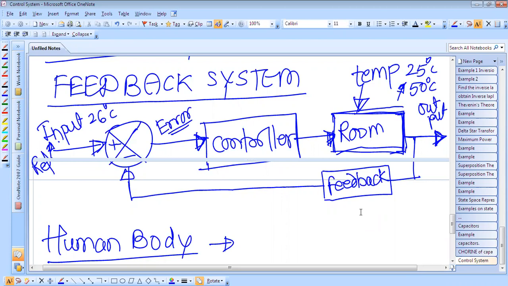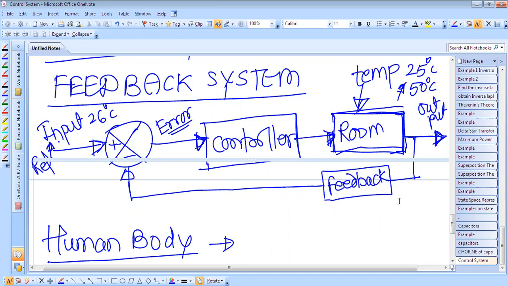Heating equipment is there, cooling equipment is also there in the AC, and the thermostat has the function of turning these on and off in such a way as to ensure that the room temperature remains at a comfortable level.